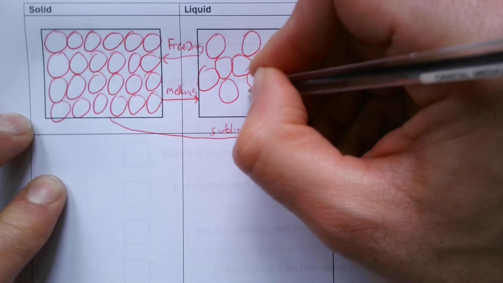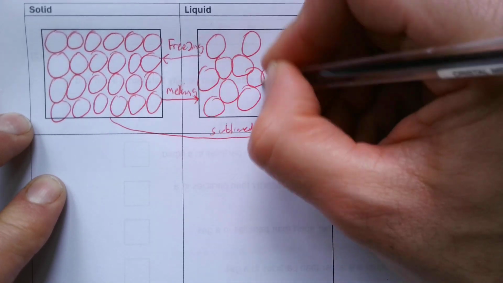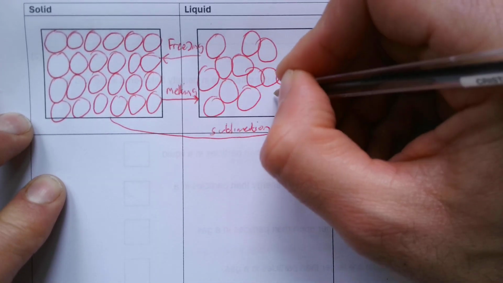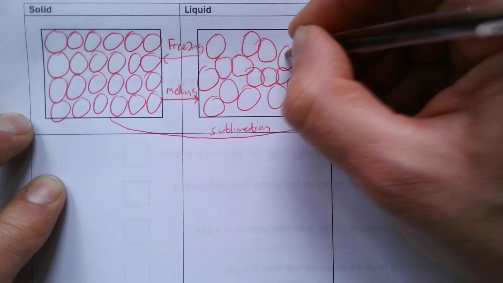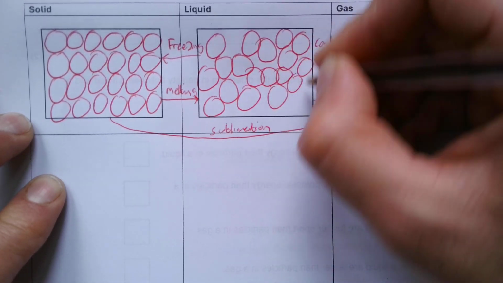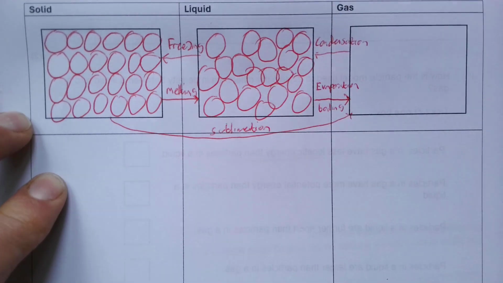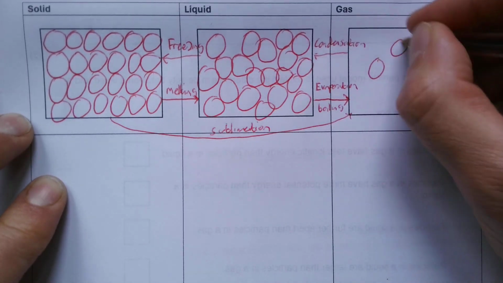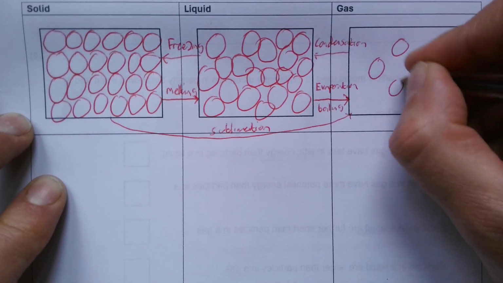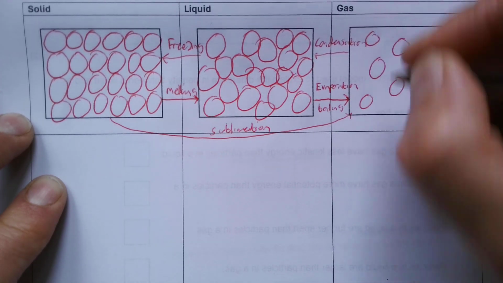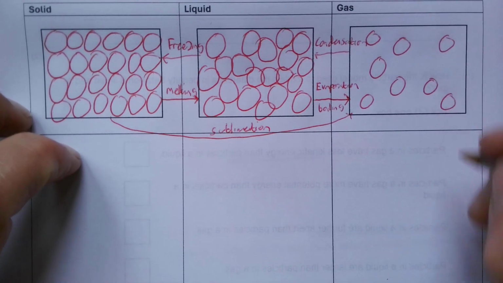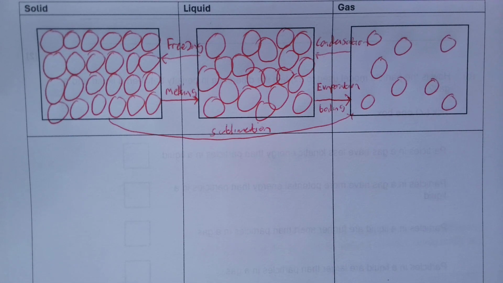They should still be touching in places, but they're all jumbled up, and there are a few gaps but mostly touching, and that's really important. And then gases, they are spread out, none of them are touching, and there doesn't have to be many of them like that. Now let's look at why that is.